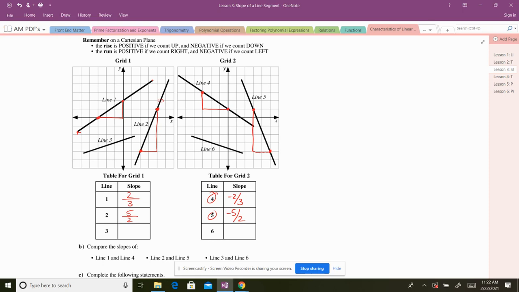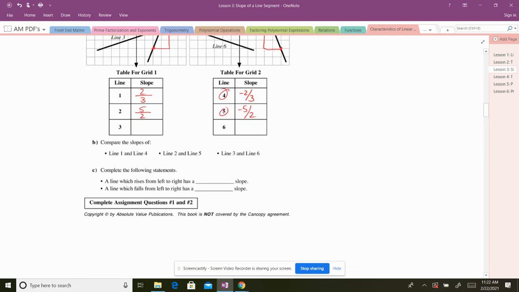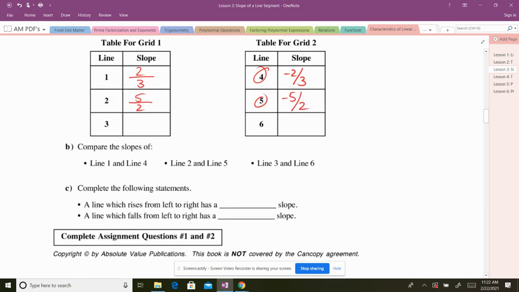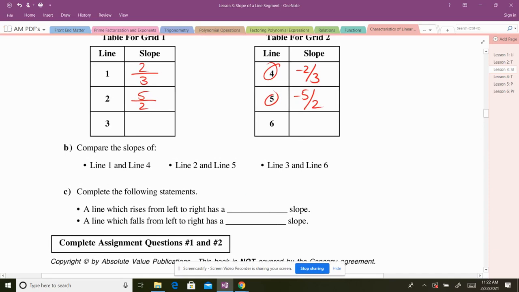So can you come to a conclusion about if a line goes from left to right and it's going up, what can you say about slope? And if it's going the other way, there you go. Right at the bottom of the page, it summarizes that. A line which rises from left to right, so it looks like this, has a positive slope.